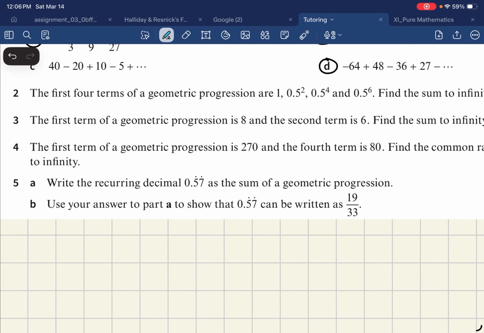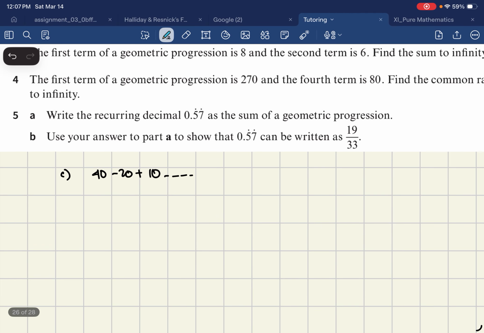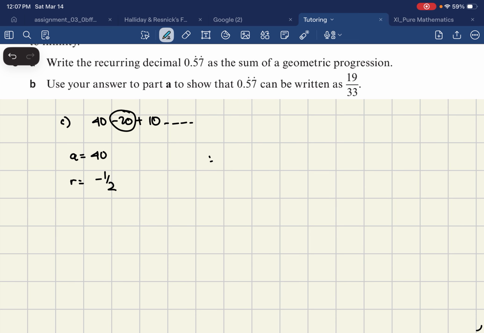So C is just 40 minus 20 plus 10, and so on, right? So your first term is 40. Your R is going to be negative 20 divided by 40, so that is negative half, right? And therefore, your sum to infinity is going to be 40, that is A, divided by 1 minus of minus 1 by 2.